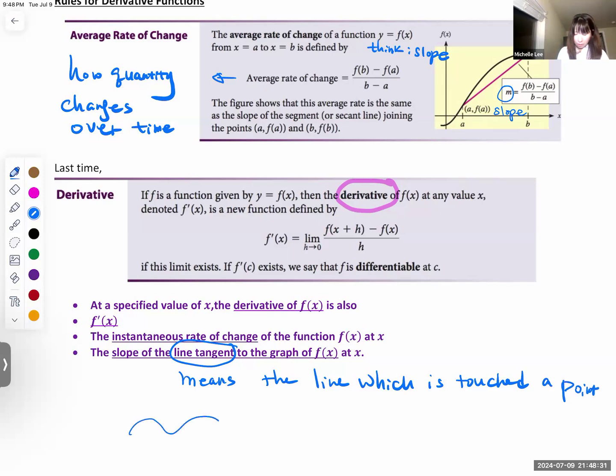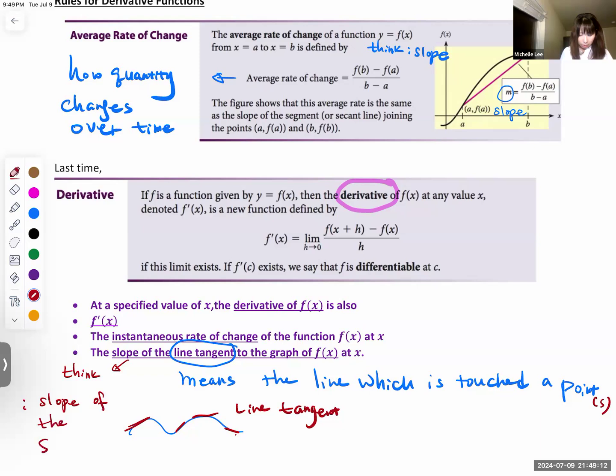If we have the graph, then this touches the point. Those are line tangent. So basically, it is the slope of the straight line.